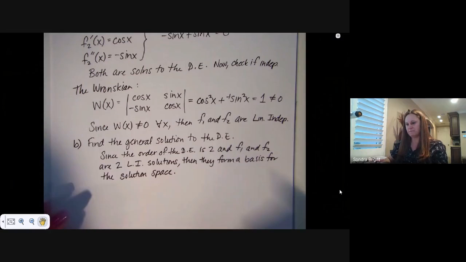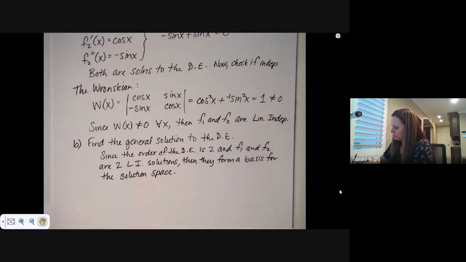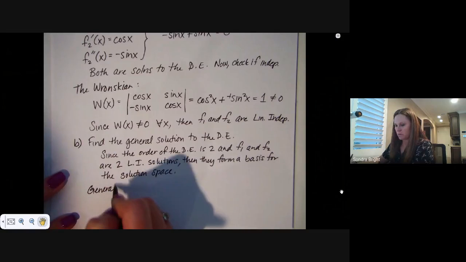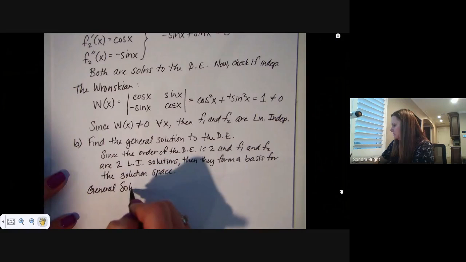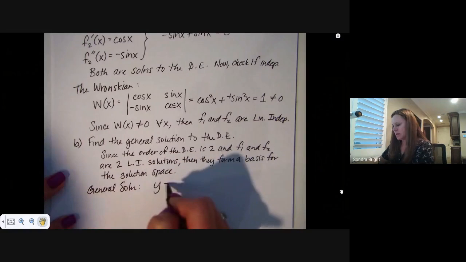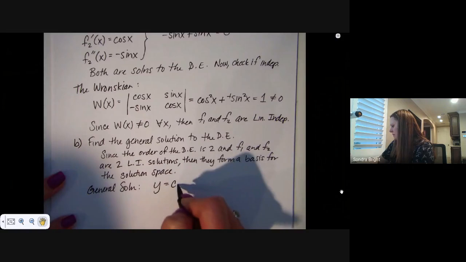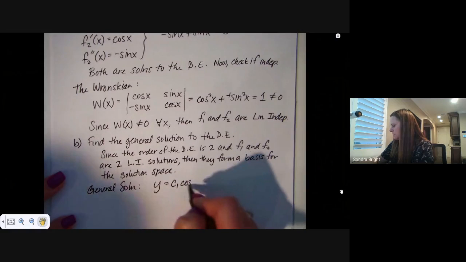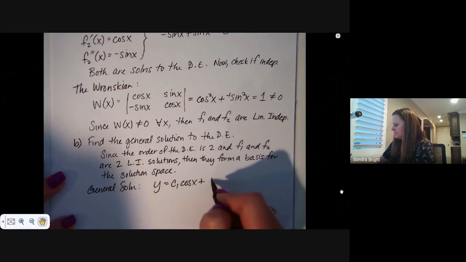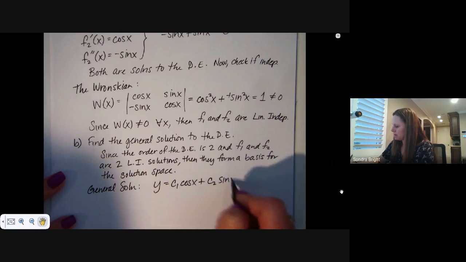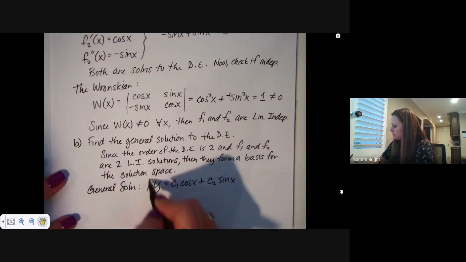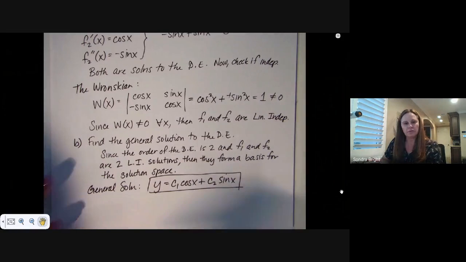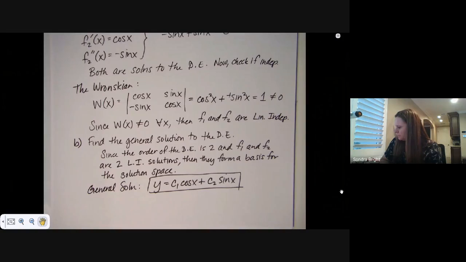So what does that mean? Your general solution is just y equals some constant times the first function plus some other constant times the second function. It's a linear combination of these two functions. There's your general solution.